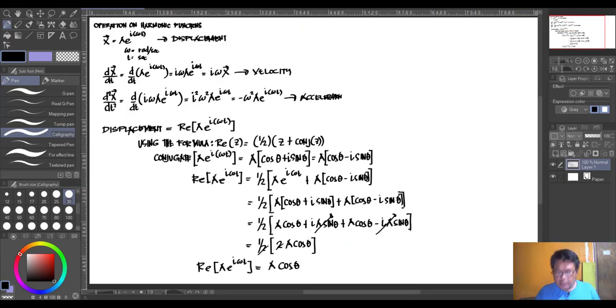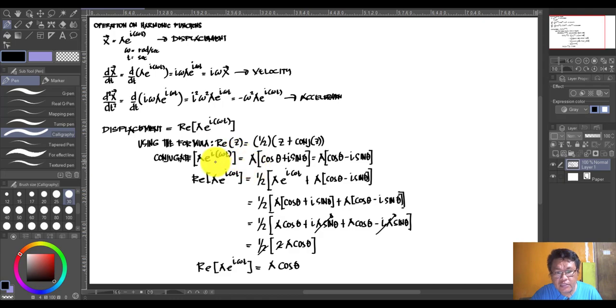Okay, so let's have a quick recap. Taking the real part of the displacement, we have A e raised to i omega t. Using the formula, the real part of my function is equal to 1/2 times z plus the conjugate of z, where z is A e raised to i angular velocity times time.